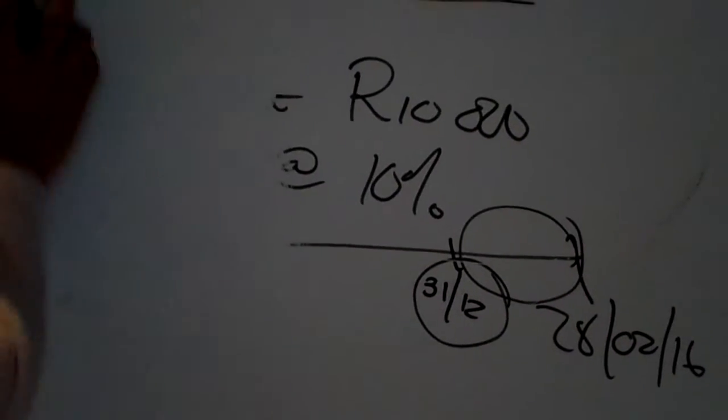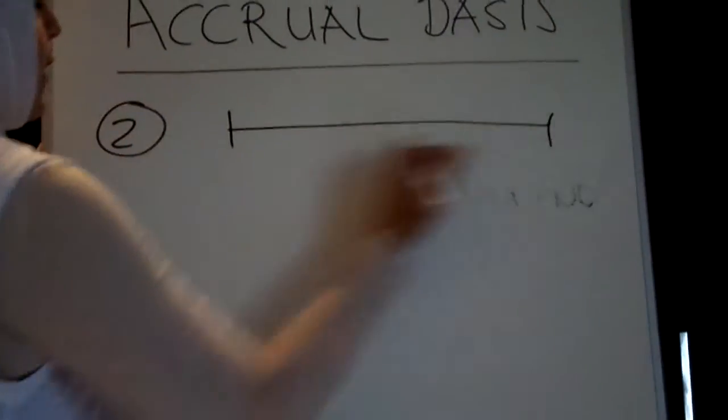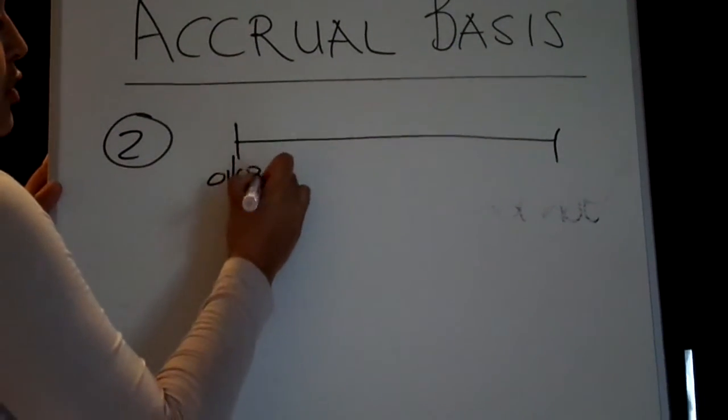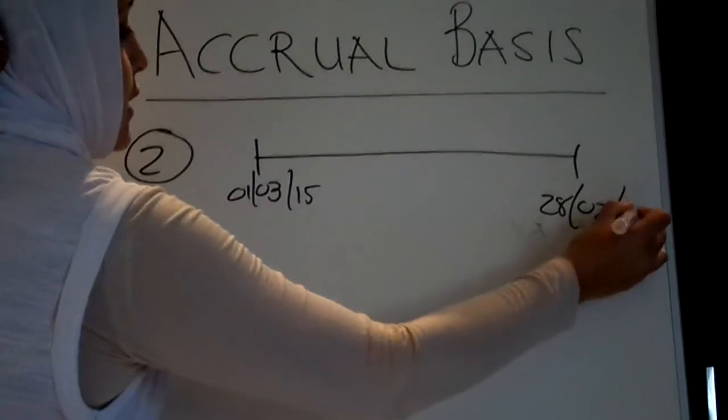The second part of the accrual basis of accounting is expenses are recorded when incurred and not when paid. So let me give you an example. Let's say your financial period again is 1st of March 2015 till 28th of February 2016.